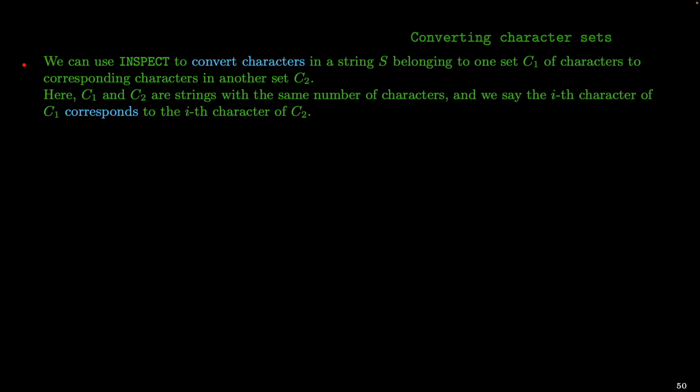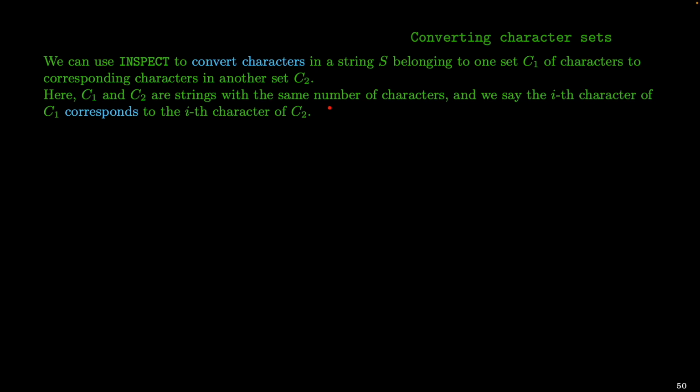Another thing we can do with the inspect instruction is to convert characters in a string that belong to one given set C1 to characters contained in another set C2. And these two sets must have the same number of characters. We will give them in COBOL in the form of a string where we just list the characters one after another.